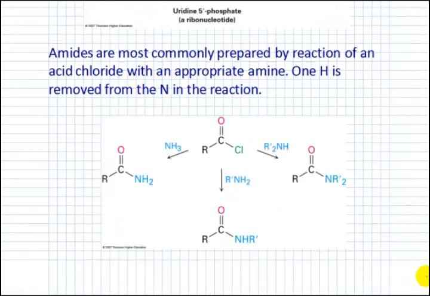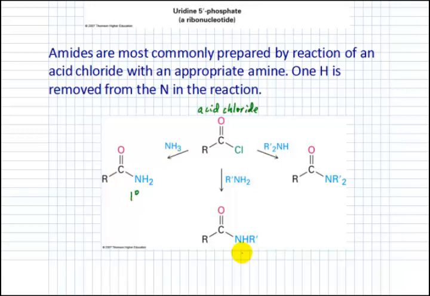So the best way to prepare an amide is with an acid chloride and then the appropriate amine. Be careful to note that one H is removed from the amine in the reaction because one of nitrogen's three valences goes into the carbonyl. So if I want a primary amide, I have to react it with ammonia, NH3.